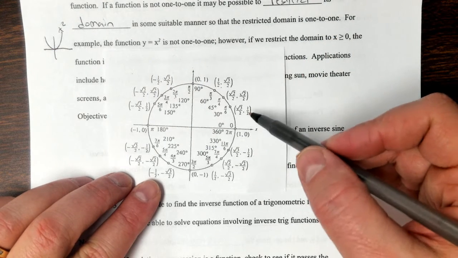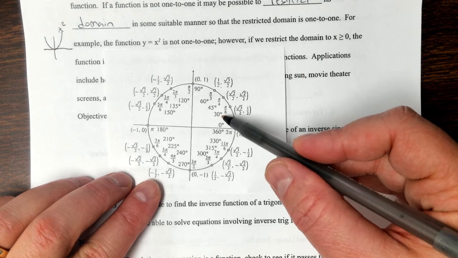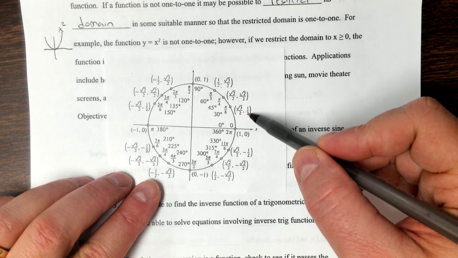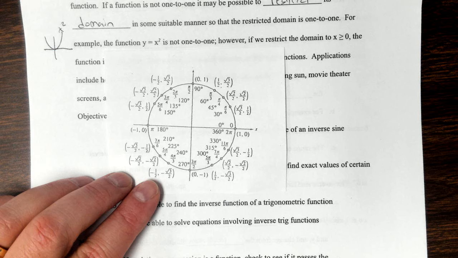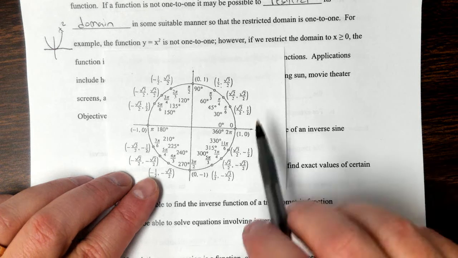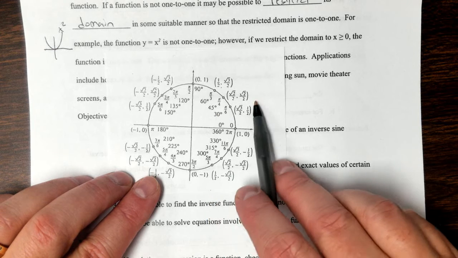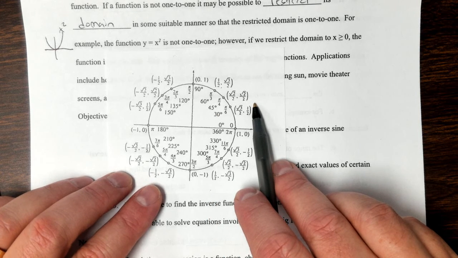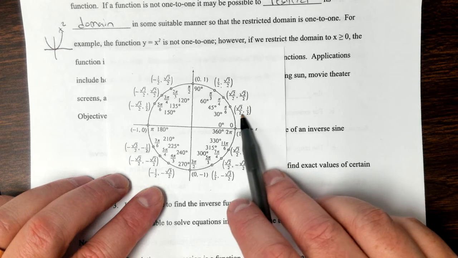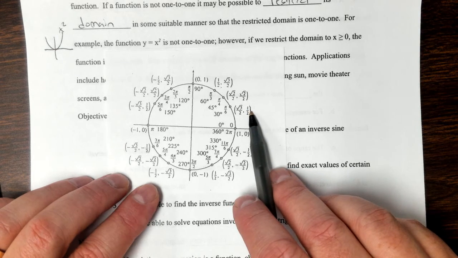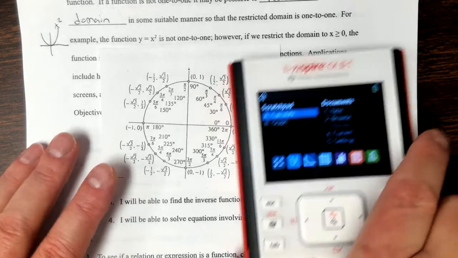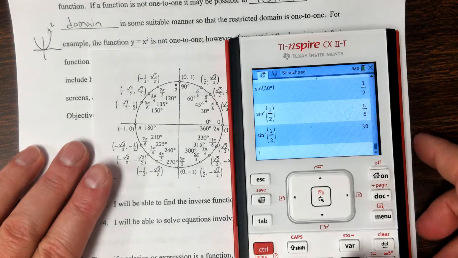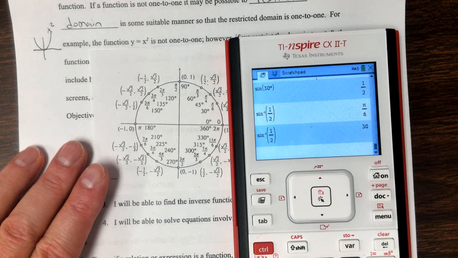Like for example, we know sine of 30 degrees is 1/2. Okay, so before we have like sine 30 is 1/2, now we're going to do the opposite, like sine -1 of 1/2, and it's going to be 30. So let me show you how that works. On your calculator, well, I guess I already have it typed out.